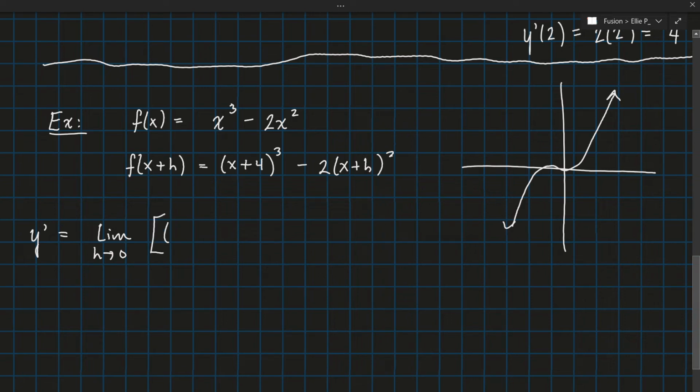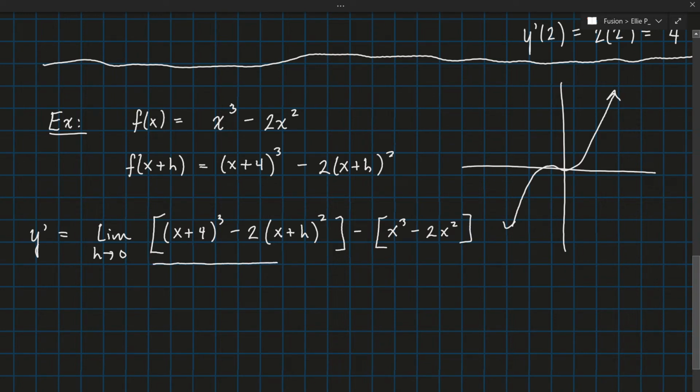So that's x plus h cubed minus 2 times x plus h squared, minus f of x, which is x cubed minus 2x squared, over h. Wait, why did I write 4 here? H.